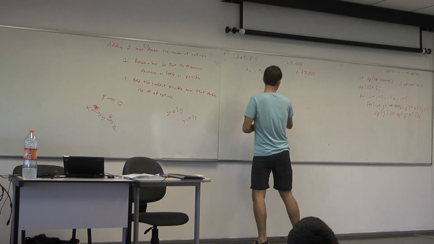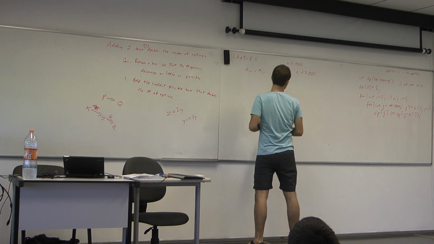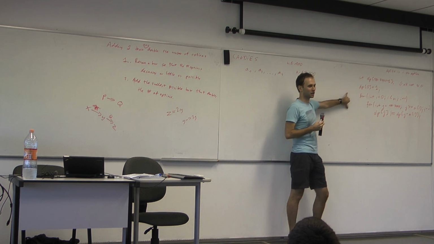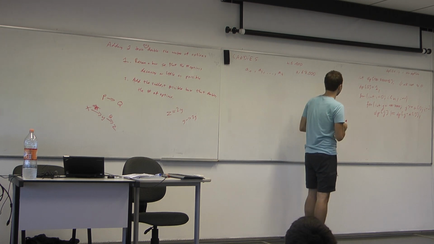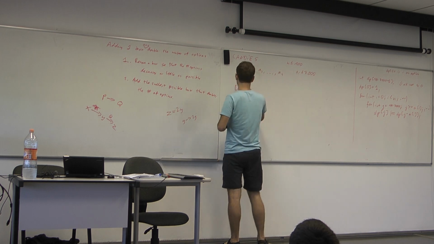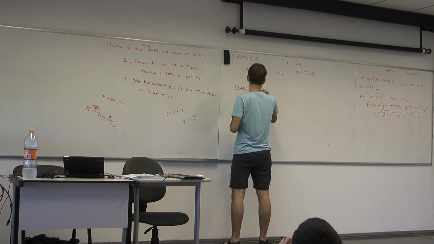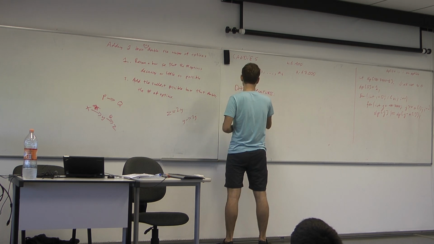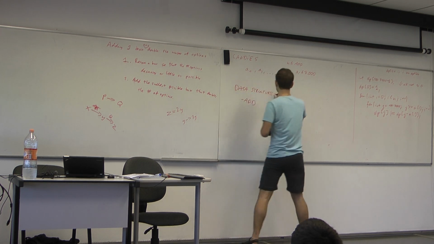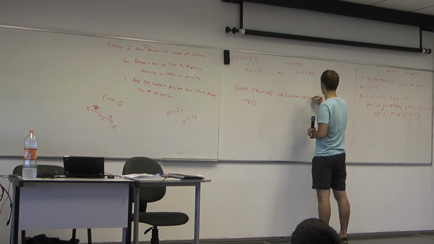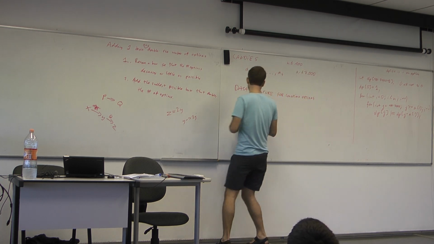Now I wrote this code because I want you to think about what's happening here as a data structure. So we have a data structure for counting options, and it has an operation, add a box.